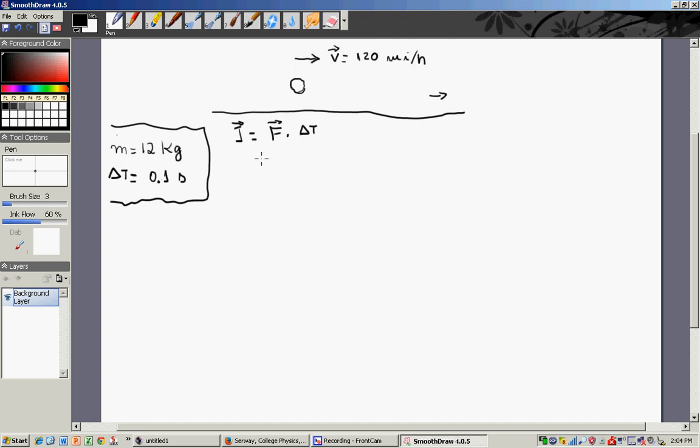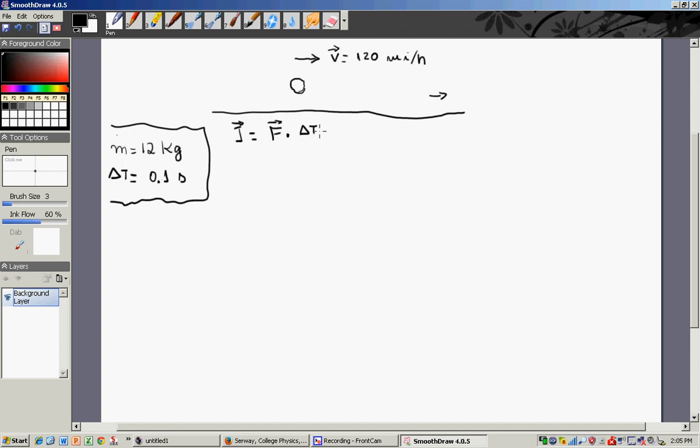The force changes in time. But we say there is some average force during a certain average time interval that is equivalent to the total effect of the real force over a slightly longer time interval. So at the level we learn this in physics 2A, F delta t is the impulse.